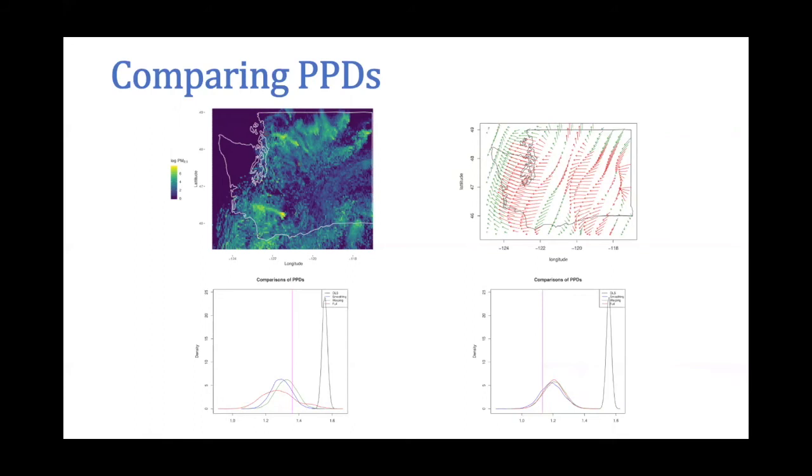How much of the PM 2.5 is going to roll in, whether it will roll in. So that means the PPD should really have high, thick tails. And that's what we see here when comparing the PPDs actually. So this red one is the full model, and it has much thicker tail than the smoothing model, which is the blue one.